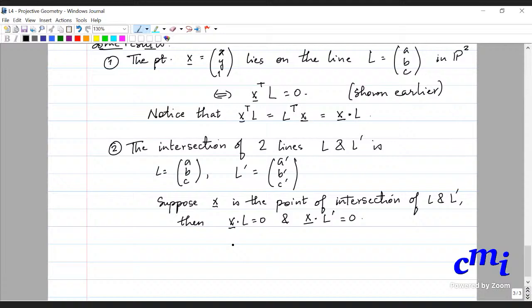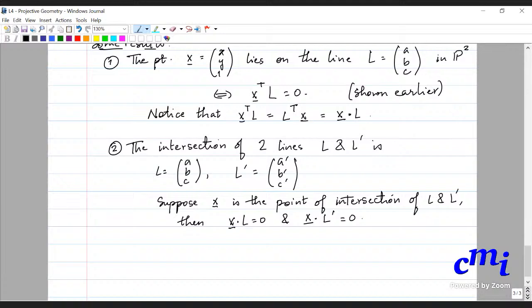So how can we get an expression for this x if both these things are happening? x dot (L plus L prime) is 0?